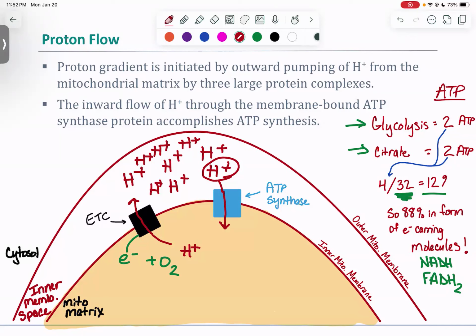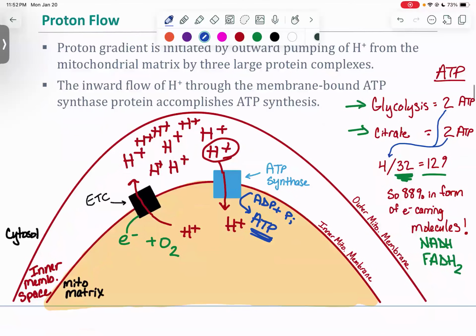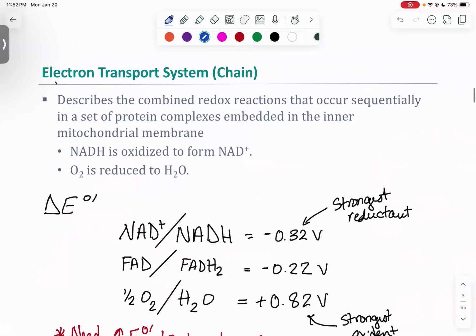As they go through the ATP synthase complex and come back into the inner mitochondrial matrix, at the same time, that is the cause for the change of ADP plus an inorganic phosphate into ATP. So we have now made ATP. We'll talk about this in a lot more detail. This is pretty simple, but it's a good little introduction. Okay, so we have to understand the electron transport chain.